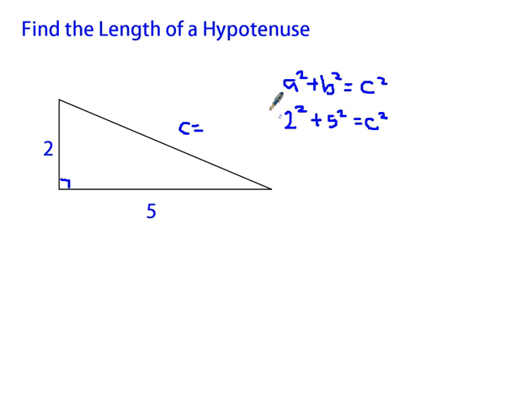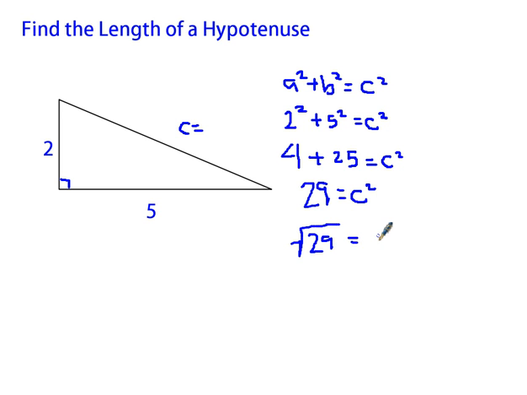Well, I know what 2 squared and 5 squared are, so I'll continue that. 4 plus 25 equals C squared. Now I simply add my 4 and my 25 and I get 29 equals C squared. Now to take the C squared to a C, I take the square root of both sides. That gives me the square root of 29, and that equals C.